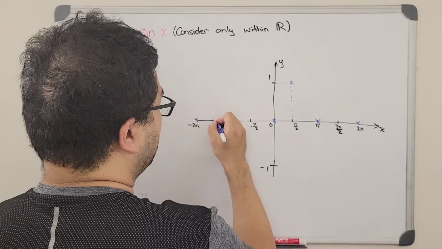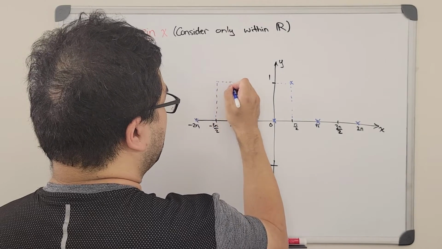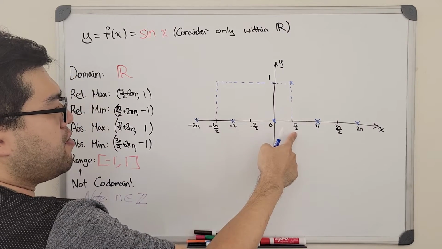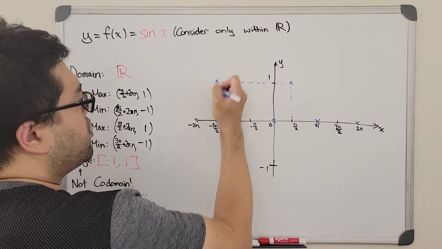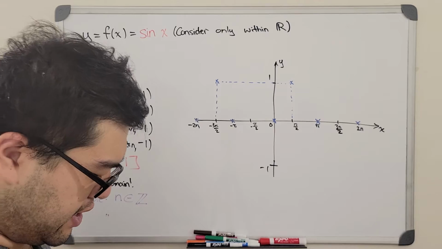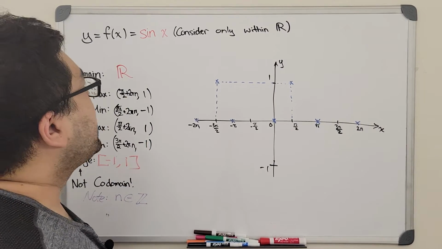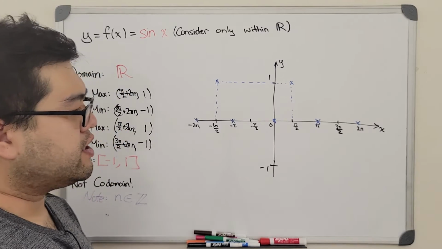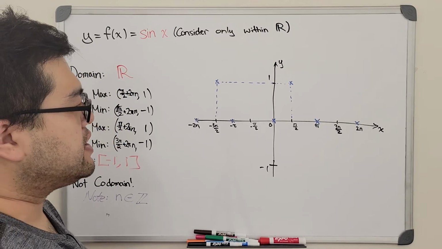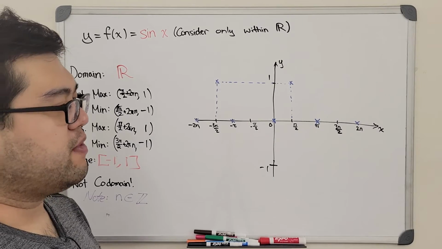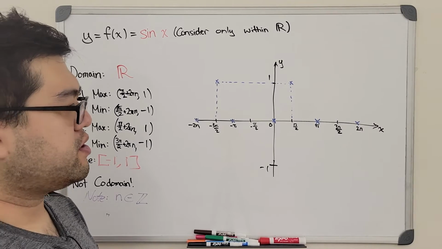Similarly, we can find out that when x equals negative 3 pi over 2, again, that's just this minus 2 pi, y is equal to 1. And more importantly, we say that sine of x, or the sine function, is periodic, meaning that the shape of the graph will actually look the same in some period.